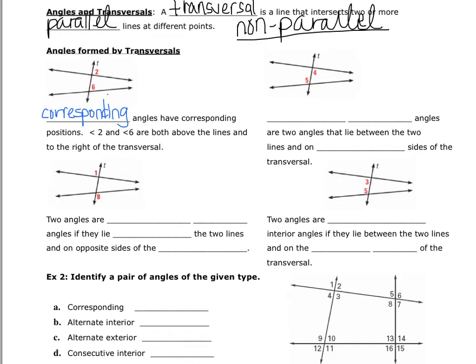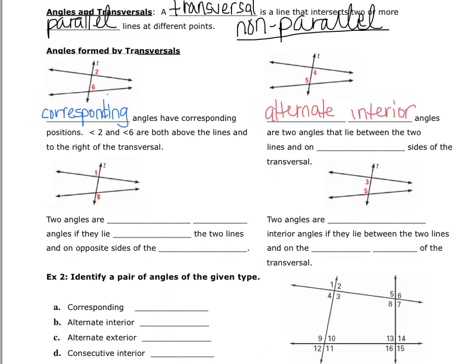The next type are referred to as alternate interior angles. What is built into this name is exactly where the angles are positioned. Think about the word alternate. Alternate means from one side to the other, like it alternates back and forth. Interior means inside of something.